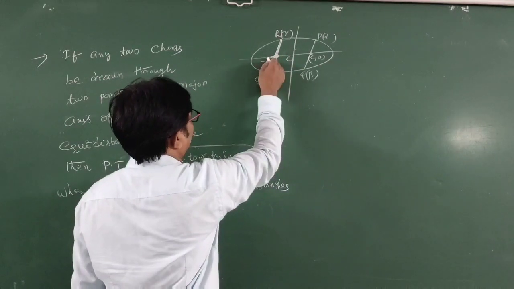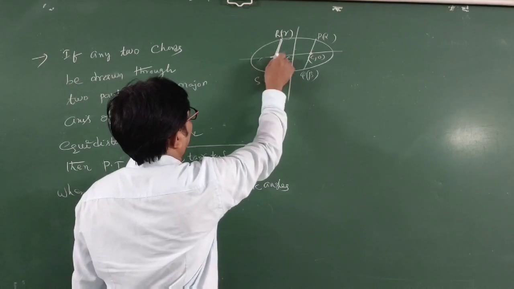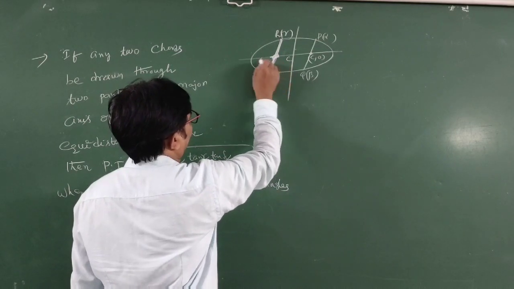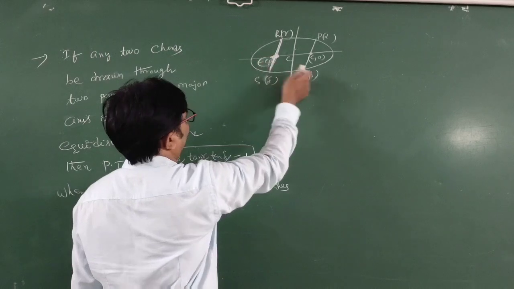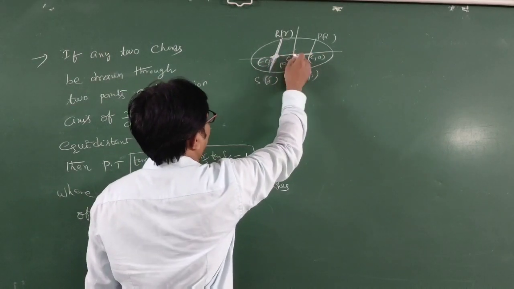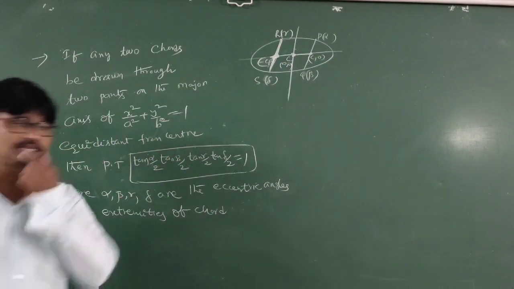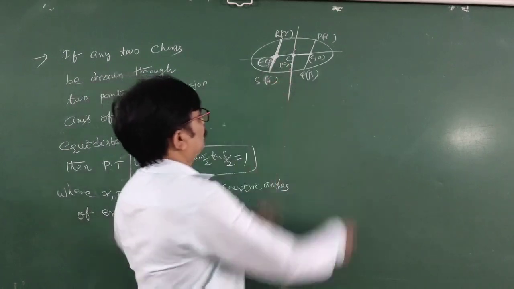This is at a distance, the point minus c comma 0. So these are equidistant. These two chords are equidistant from the center 0 comma 0.